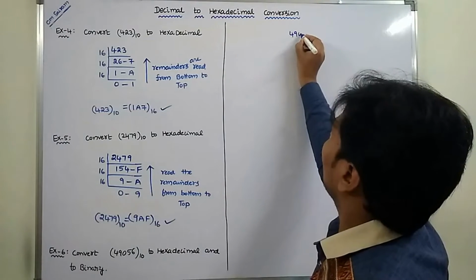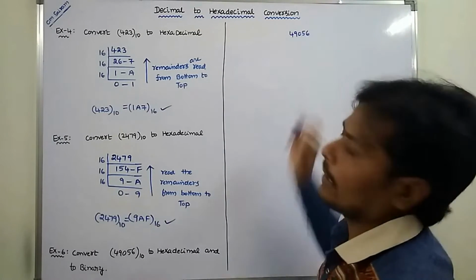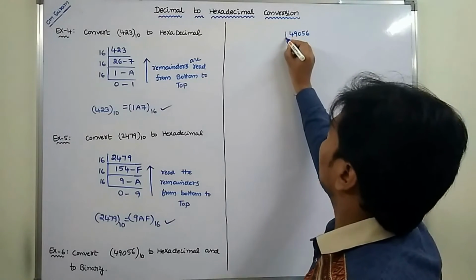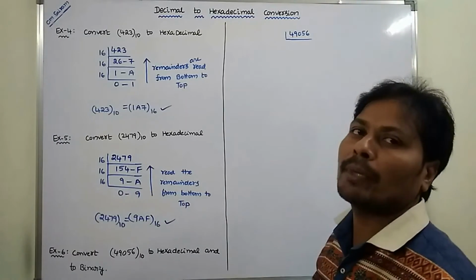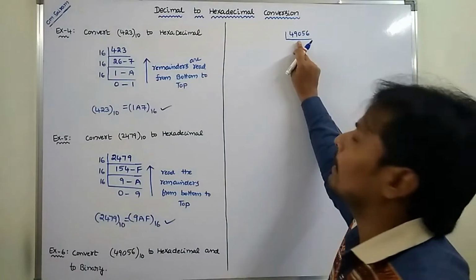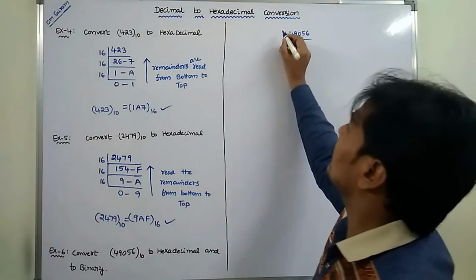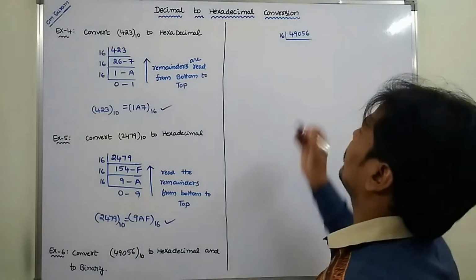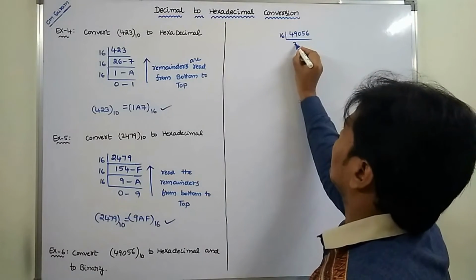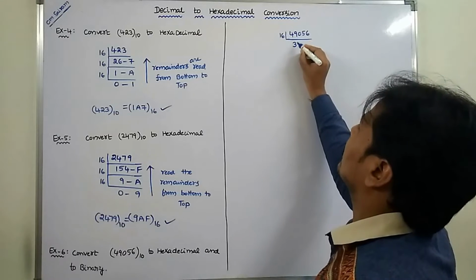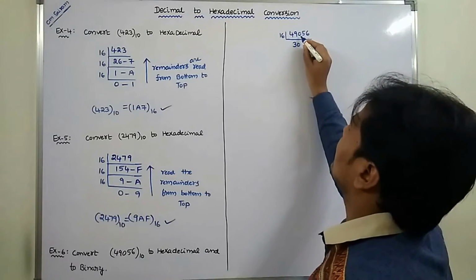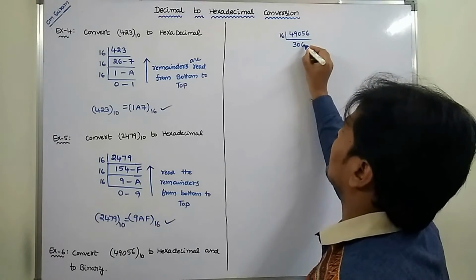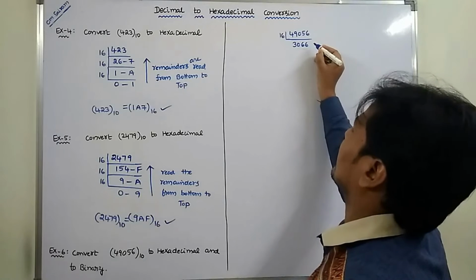This is the given decimal integer number. In this successive division by 16 method, we have to divide the given decimal number by 16 until the quotient is 0. So this is 16 threes are 48, 16 sixes are 96.